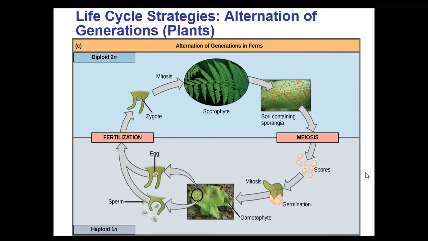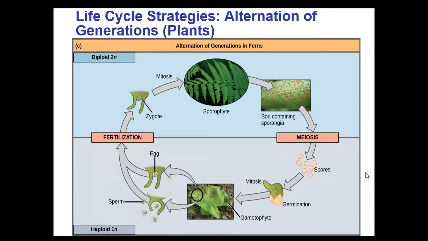And the female gametophyte is called the ovule, and that stays on the plant. In a flower, the ovule stays in the flower. So the pollen grain with a male gametophyte in it will either be carried by insects or blown by wind, and it'll land on a flower with a female gametophyte in it.